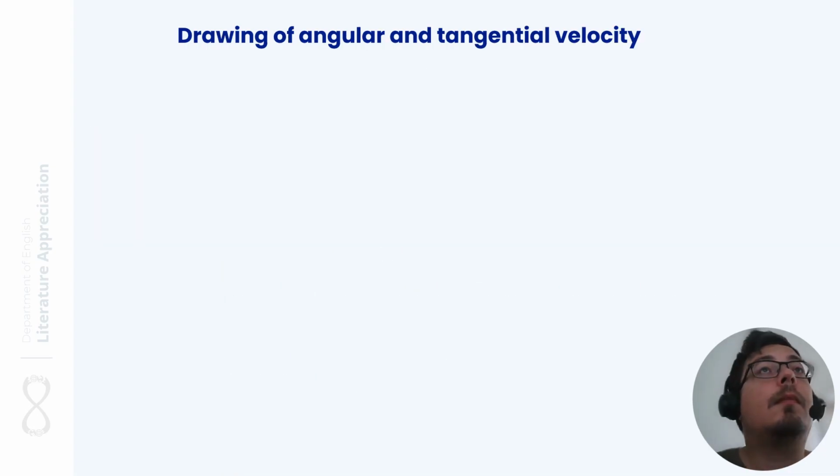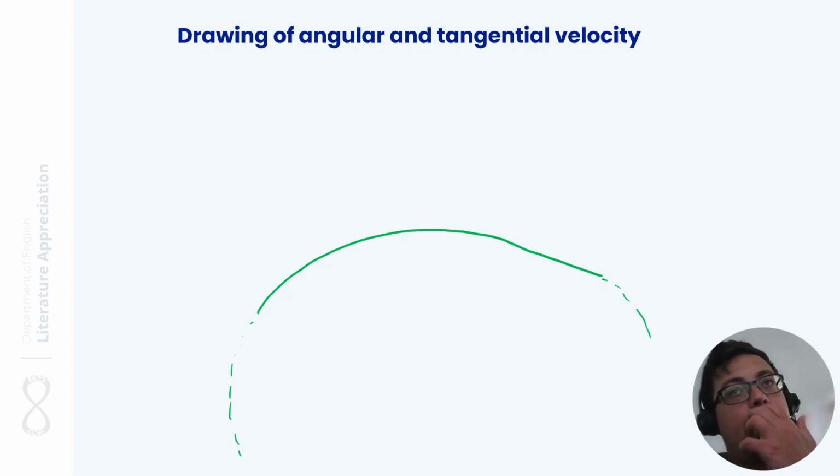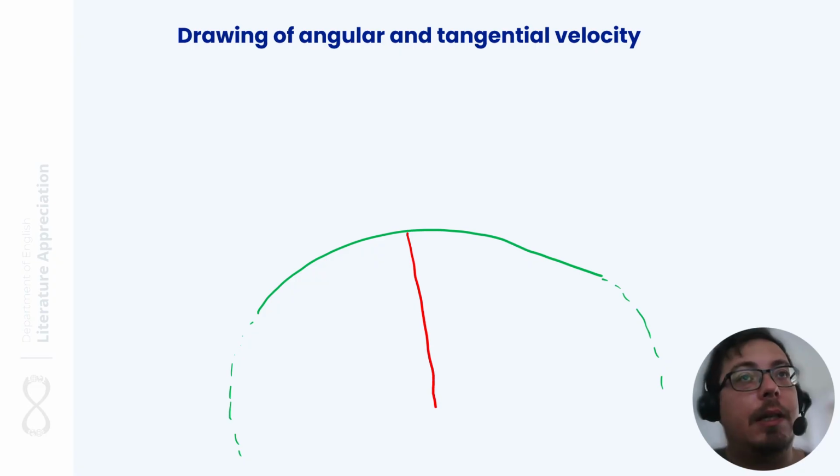So as I said, we can do another drawing. This is a part of a circumference, a larger one, and then there is the radius of curvature that is fixed, and this is also the radius, the distance is fixed. And the tangential velocity is the one that goes in this direction, and this is 90 degrees.